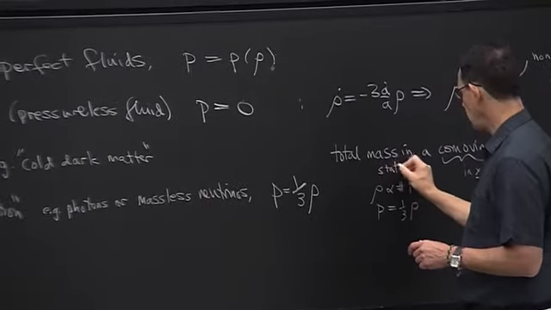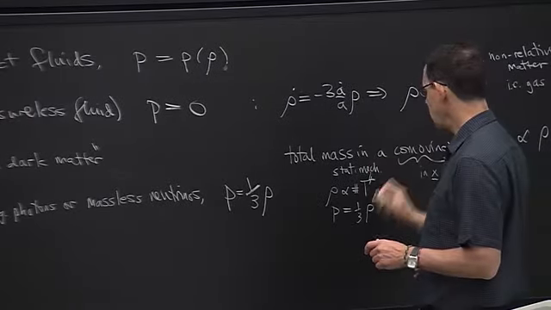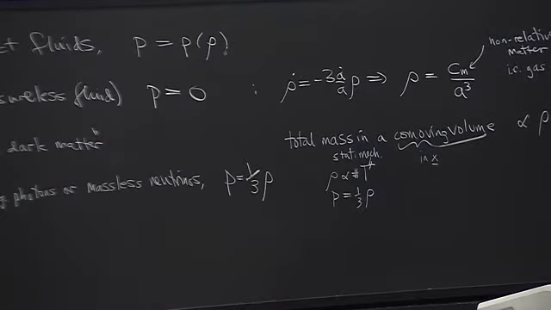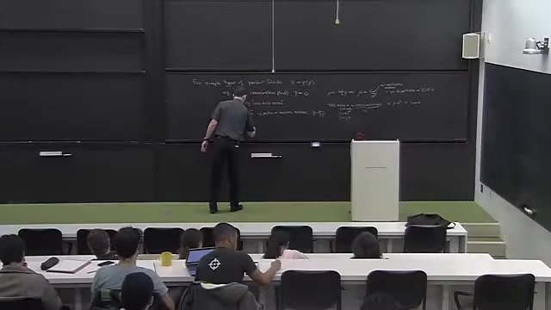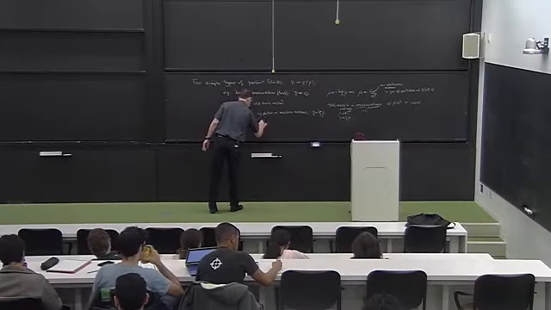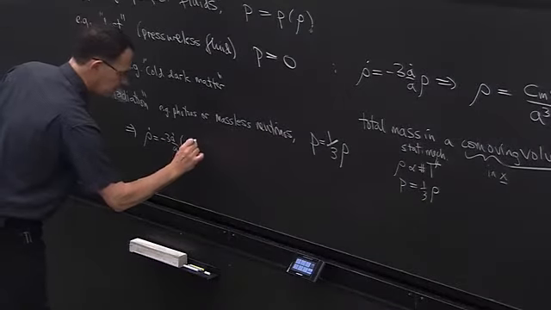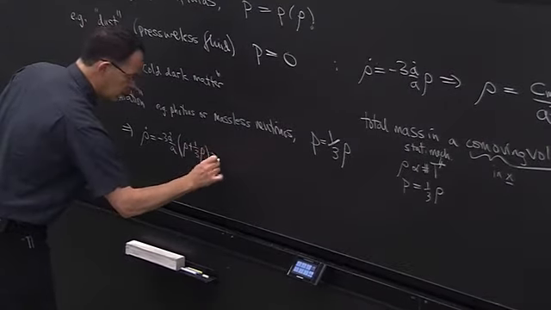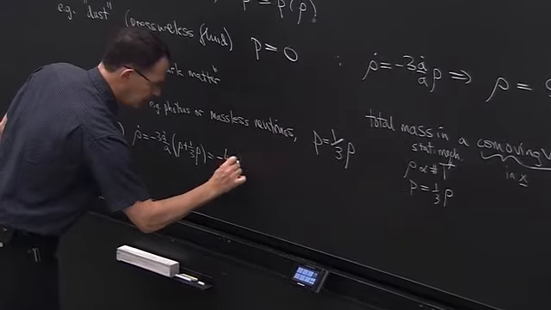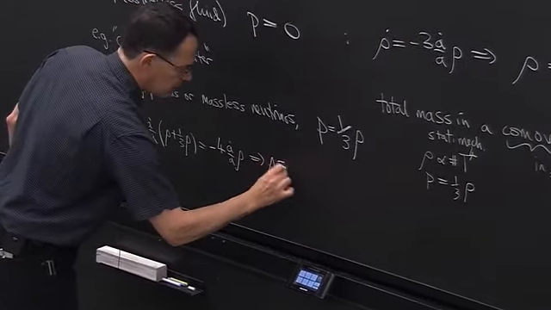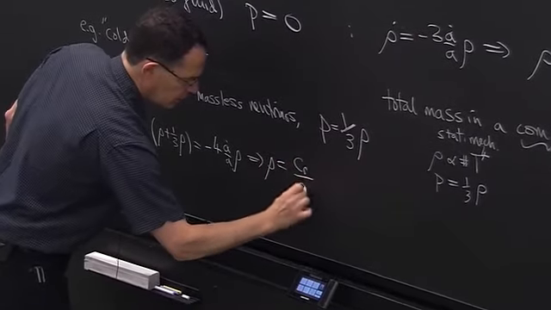So this comes from the statistical mechanics of massless fields. And so what we have is that rho dot is minus 3 a dot over a, rho plus 1/3 rho, which is minus 4 a dot over a rho. And so rho is equal to some constant over a to the 4th.